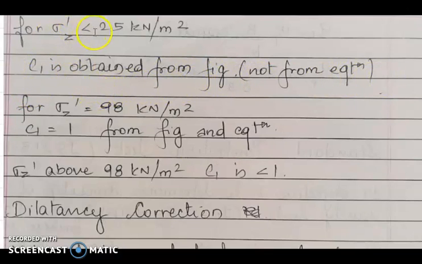When sigma z is less than 25 kilonewton per meter square, the correction will be obtained from the figure and will not be obtained from the equation. When sigma z is equal to 98 kilonewton per meter square, you remember the y-axis where it was written 1. When your sigma z is equal to 98, C1 will be equal to 1. I had already shown that.